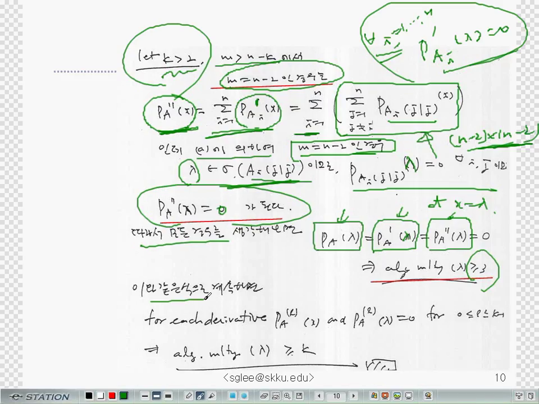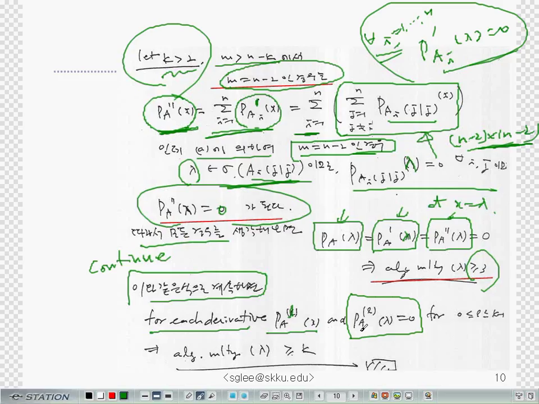We just continue this argument. Then for each derivative, the l-th derivative of the characteristic polynomial of A, we can show each of them is 0 at lambda for each l from 0 up to k minus 1.